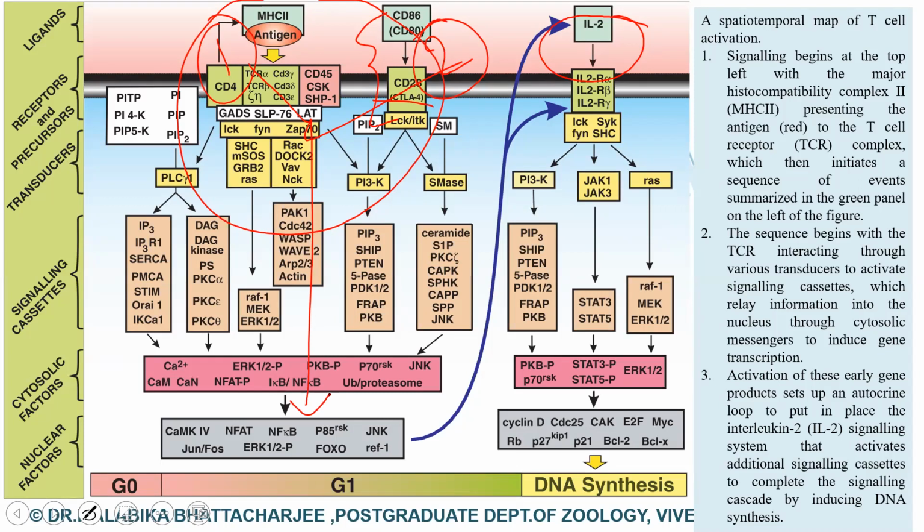Only when the early genes are expressed is interleukin-2 expressed, and once interleukin-2 is expressed, the third signal on T lymphocytes can be activated. Once the third signal is activated, additional signaling cascades start, and T lymphocyte proliferation, development of memory T cells, and so on begin occurring.